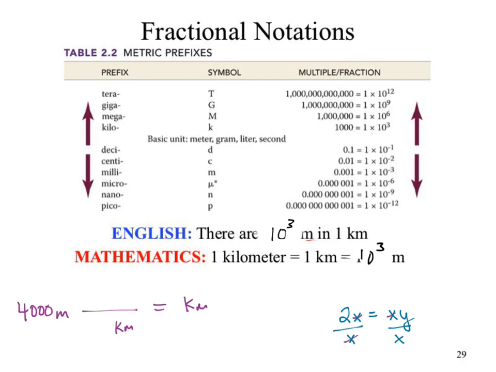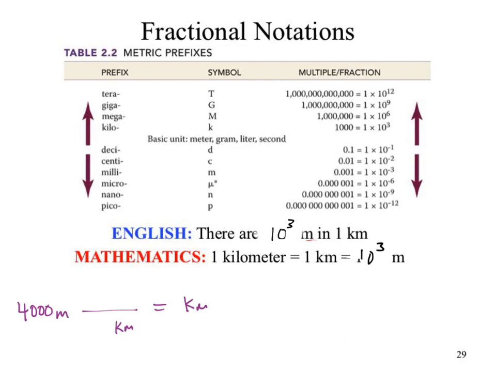Those will cancel, and we'll get y equals 2. How did I get the x onto the other side of the expression? Did the same thing to both sides of the equation. Because if I do the same thing to both sides of the equation, it's the same as multiplying by 1 or dividing by 1. It doesn't change the meaning of the expression, but it does allow me to simplify and cancel things.